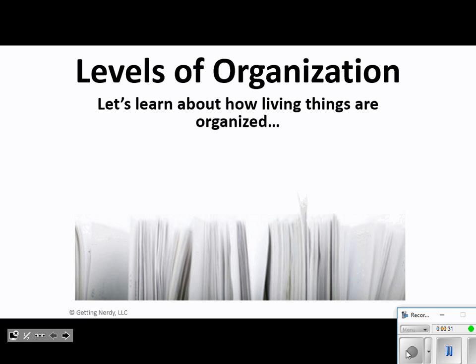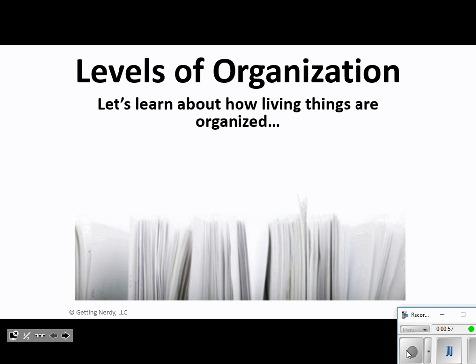These levels of organization, how are living things organized? After today, you should be able to start from the smallest part of an organism and take us all the way to an organism. So we're going to discuss this today.